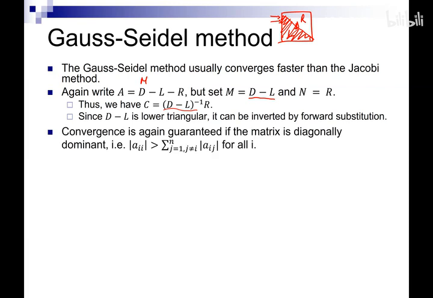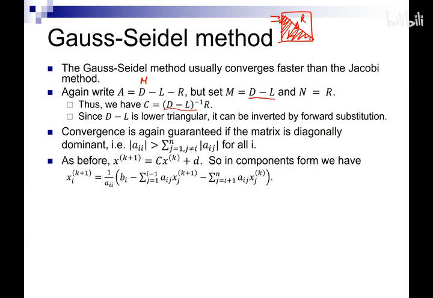Now it turns out that for this Gauss-Seidel method, we can also guarantee convergence if the matrix is diagonally dominant, so the diagonal elements are larger than the sums of all the other elements. Then also we have that x of k plus 1 is again equal to C times x of k plus d.